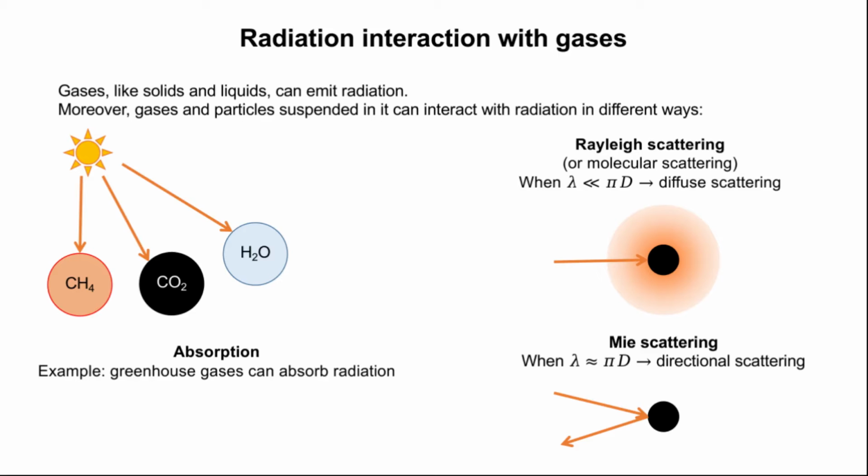Rayleigh scattering occurs when the wavelength of radiation is much smaller than the characteristic dimension of the particle or molecule it interacts with. This kind of interaction diffusely reflects the incoming radiation. On the other hand, Mie scattering occurs when the wavelength of radiation and the characteristic dimension of the particle are similar. In these conditions, the reflection of radiation is strongly directional.